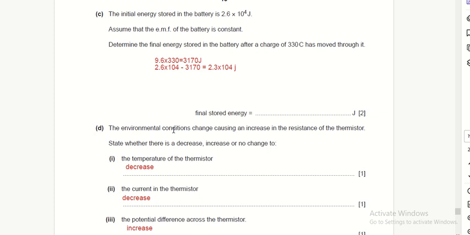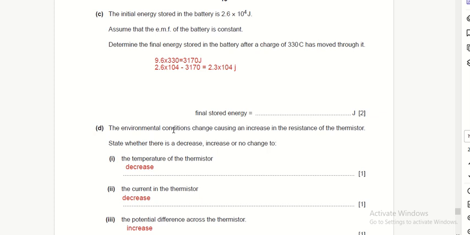To know the energy stored after the charge transfer, we should first get the energy drop that corresponds to the voltage drop when a charge is transferred.